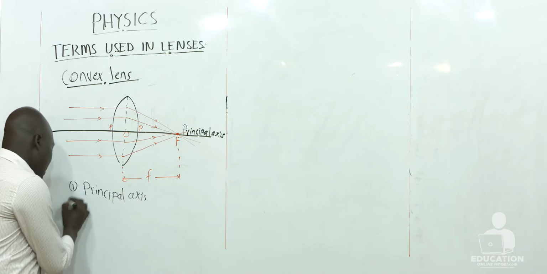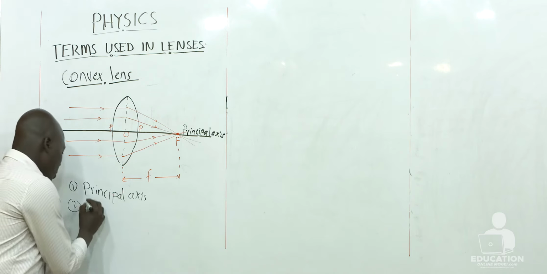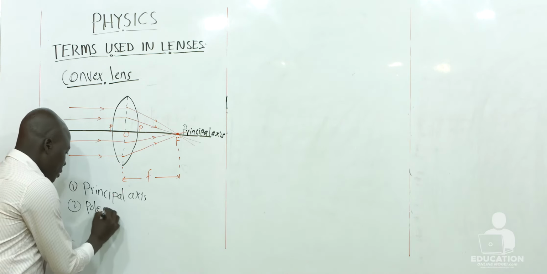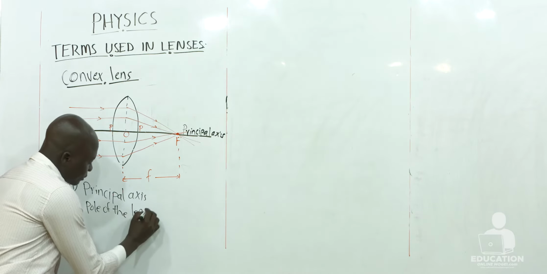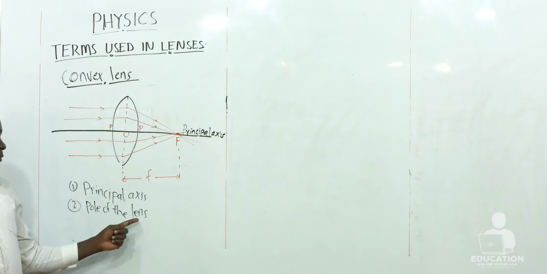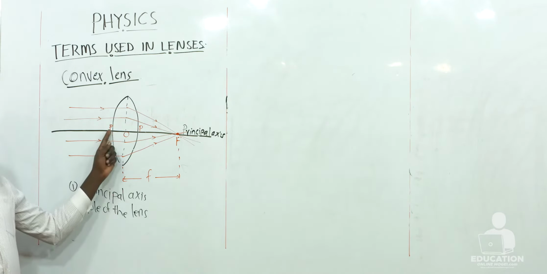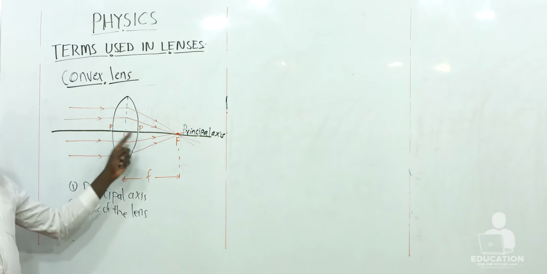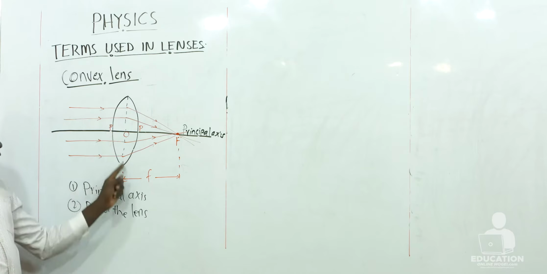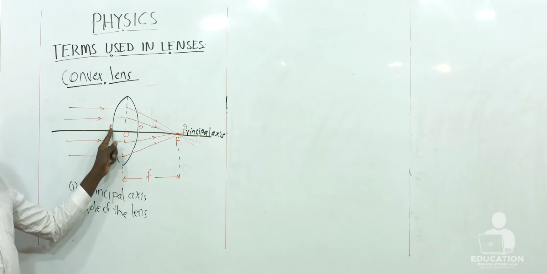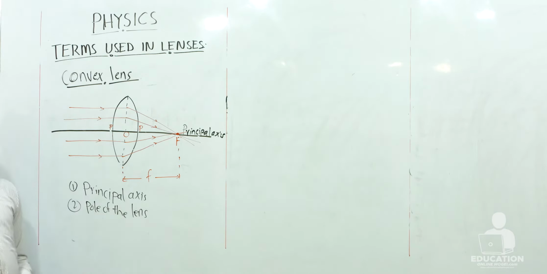Then the second term that we looked at is the pole of the lens, where we define the pole of the lens as the point which is at the center of the lens. So when you look at this lens, the center is at this point. So this is what we call the pole of the lens.